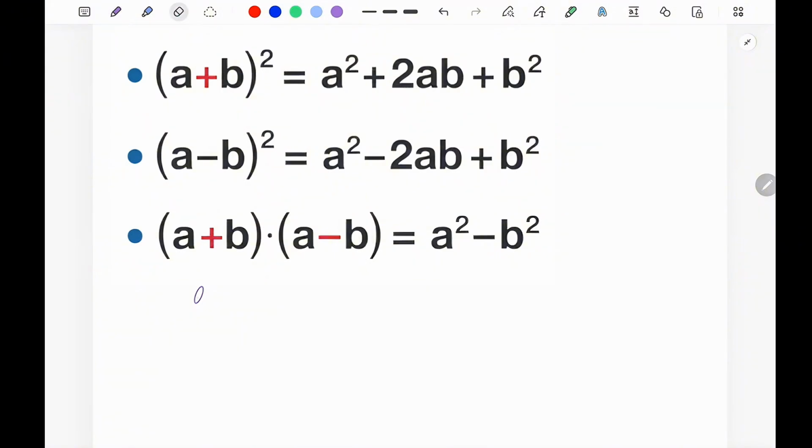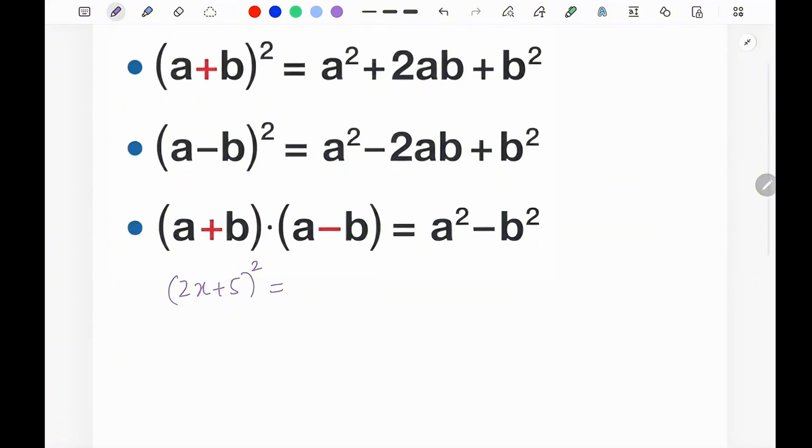We will be using some values instead of it. Suppose we have (2x + 5) square. Now here you can see that in place of a we have 2x, and in place of b we have 5.